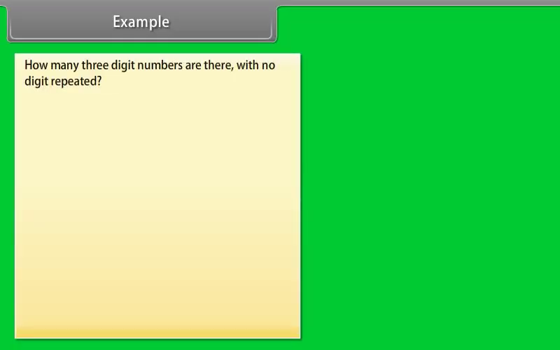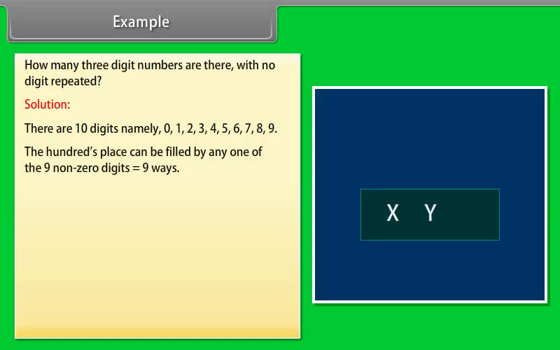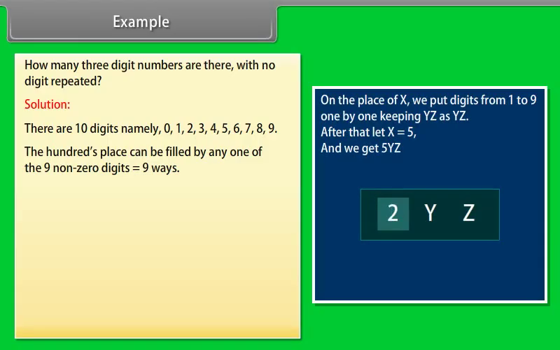Example: how many 3-digit numbers are there with no digit repeated? Solution: there are 10 digits, namely 0, 1, 2, 3, 4, 5, 6, 7, 8, 9. The hundreds place can be filled by any one of the 9 non-zero digits is equal to 9 ways.